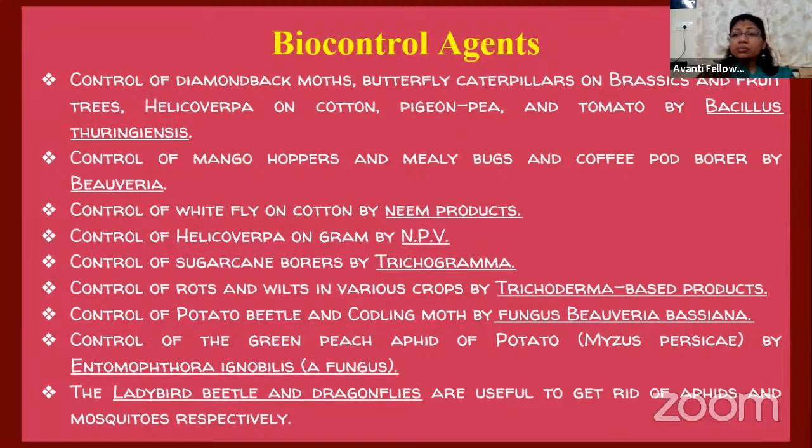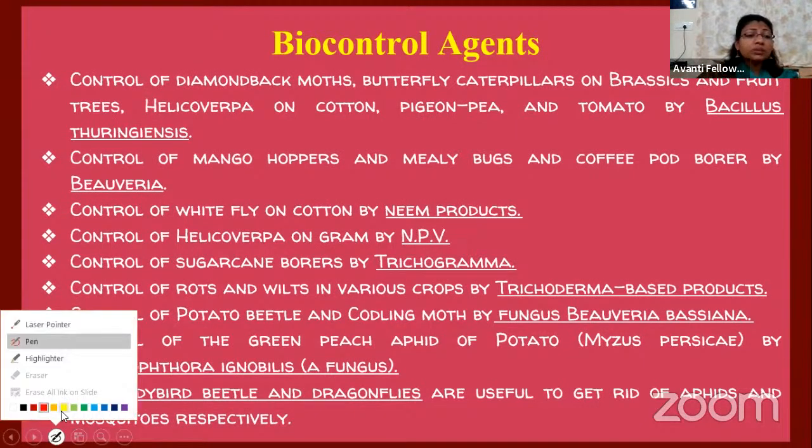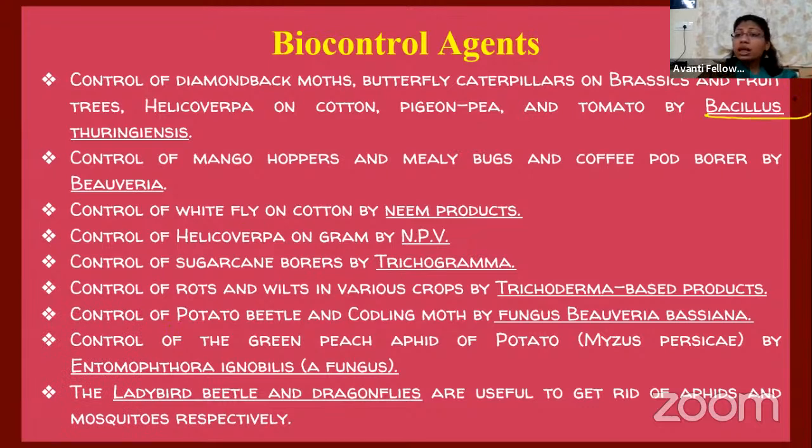Now here are some examples for the different agents. First we have Bacillus thuringiensis. This Bacillus thuringiensis is used for controlling the diamondback moth, butterflies, and caterpillars on brassica and the fruit, Helicoverpa on cotton, and pea, pigeon pea and tomato.